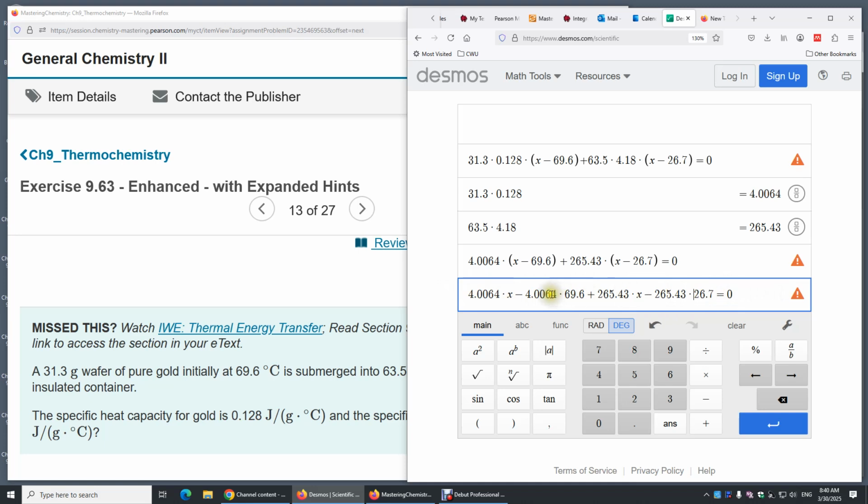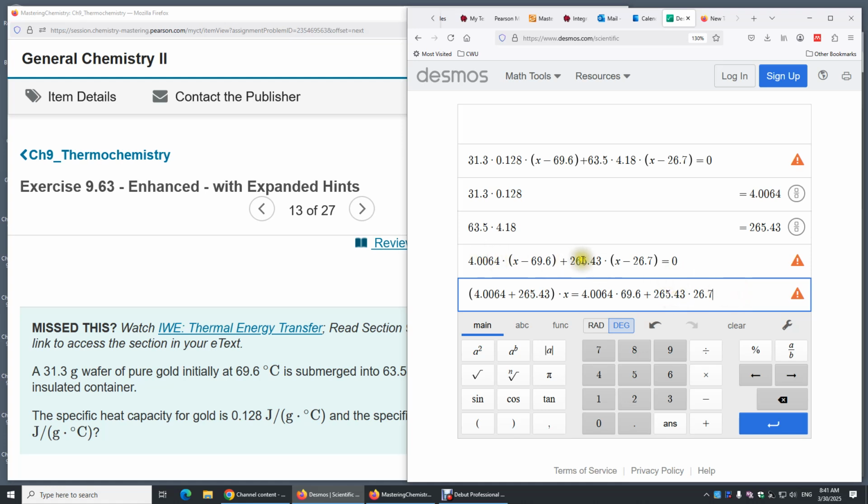The other 2 terms are just numbers. And now we can combine these two, equals this number plus this number.